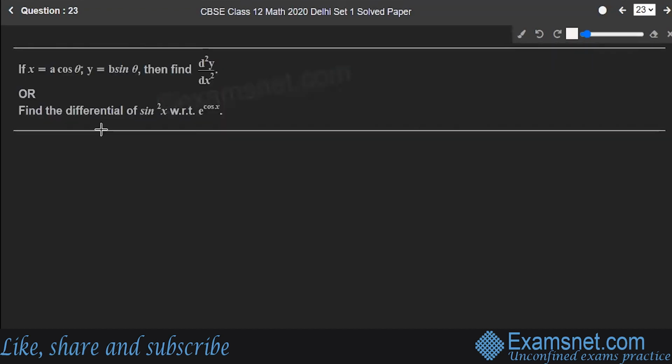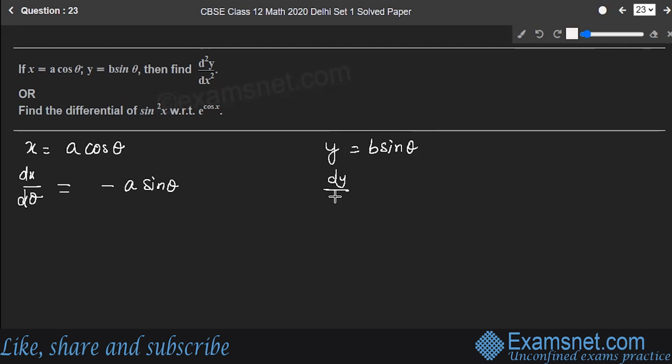Question number 23, if x is equal to a cos theta, y is equal to b sin theta, you have to find the second derivative of y with respect to x. In such type of questions, I'll always find out dx by d theta first. So dx by d theta will be given by minus a sin theta. If y is equal to b sin theta, then dy by d theta will be given by b cos theta.